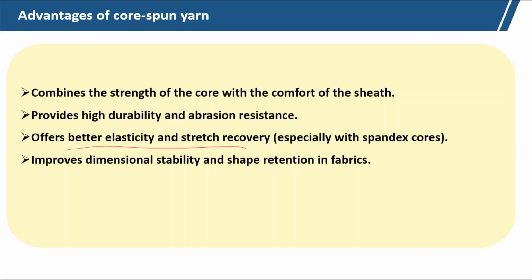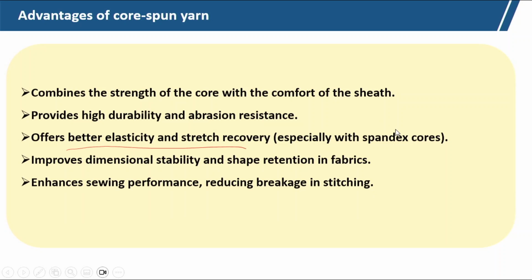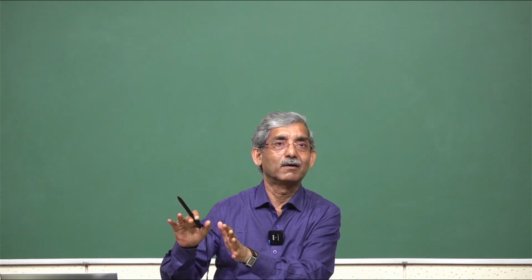It improves dimensional stability and shape retention, enhances sewing performance and reduces breakage. So, core spun sewing threads are used for very high speed sewing machines, where the core filament will retain its strength and the sheath is a good addition with the textile fiber.